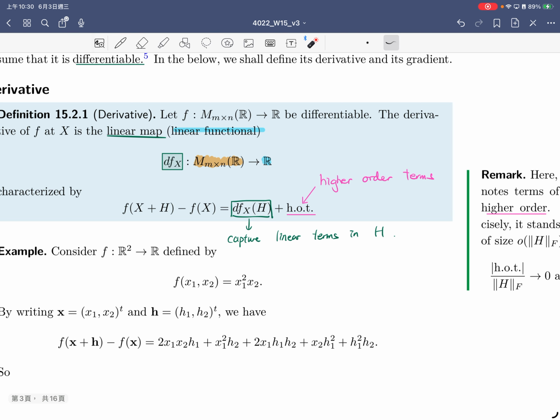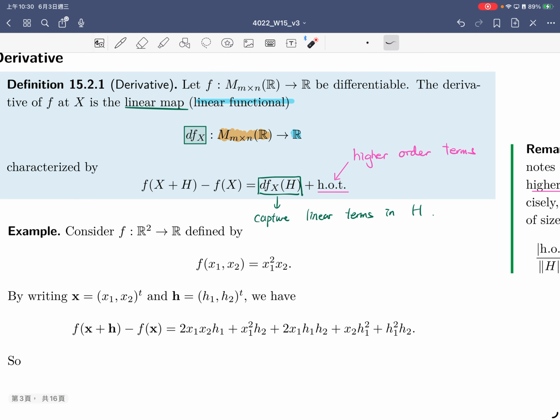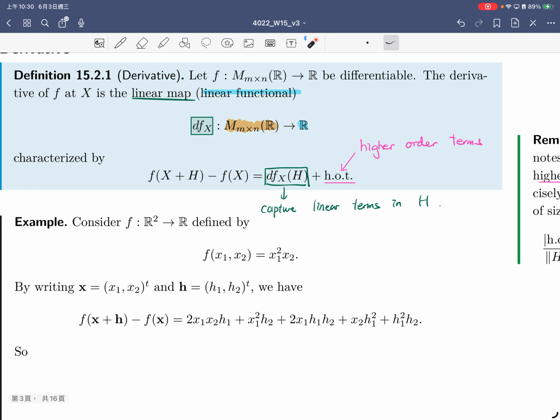Now, let me do an example, okay? This is the kind of function you study in calculus 3, a scalar field or scalar-valued function. So it's from R^2 to R, and f(x1, x2) = x1^2 x2. And then how do I find its derivative? According to the definition, I need to consider the difference between f(x+h) and f(x).